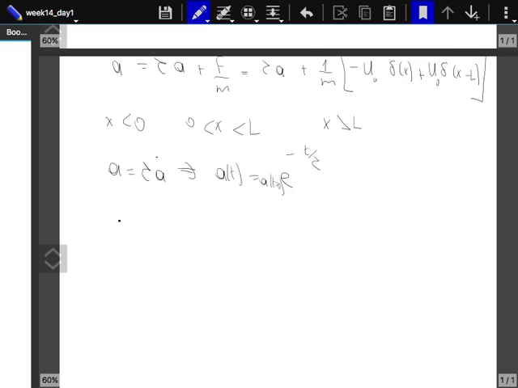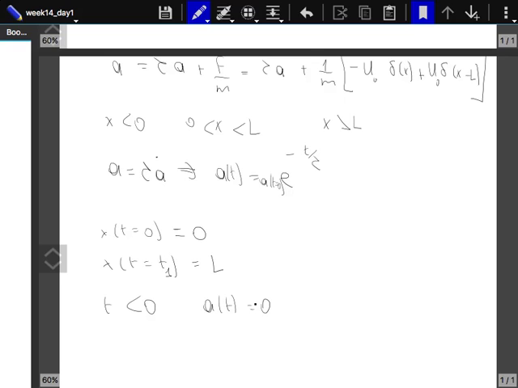Let's say at t is equal to 0, my particle is at the point 0. At t is equal to t1, my particle is at the point L, if it ever reaches that point. So for t less than 0, A of t is equal to 0. It moves with constant velocity.